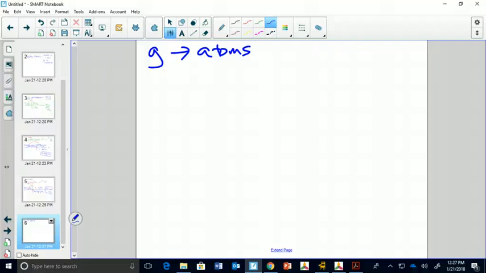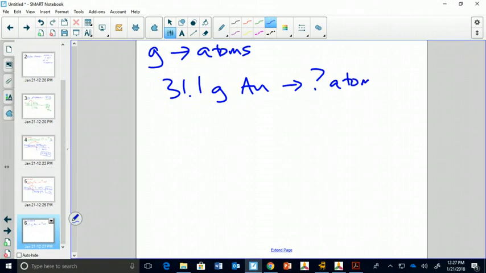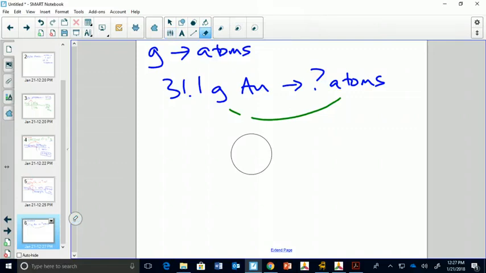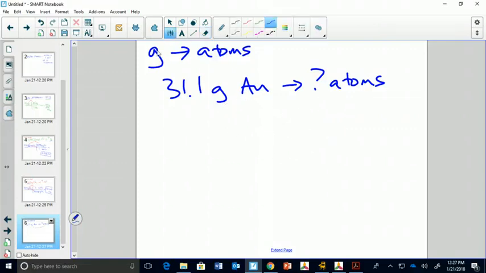That if I have 31.1 grams of gold, and I want to convert that into how many atoms of gold do I have? Well, there's no way for me to go directly from grams to atoms. We don't have a conversion to do that directly. So we have to take it in 2 steps.